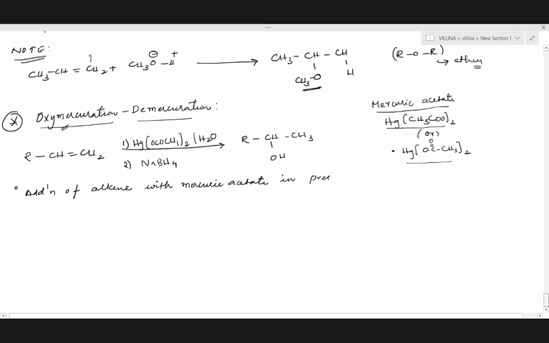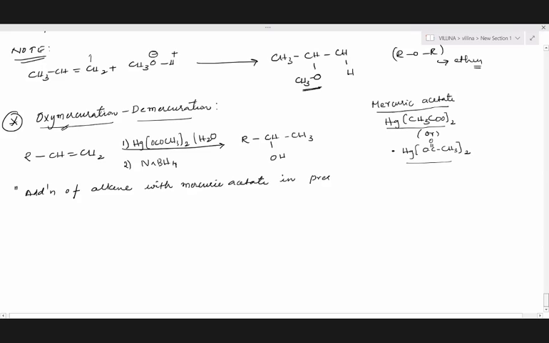But there is another better method to perform this particular hydration reaction. Hydration reaction is nothing but the net groups being added should be H and OH. So for that, take down another named reaction. This was asked only once in mains. So take this down: oxymercuration, demercuration.